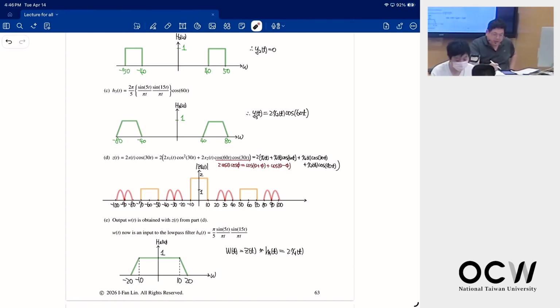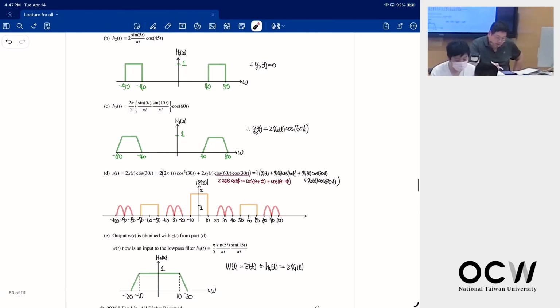And you can see that for our filter, it's better to have either a rectangular pulse or trapezoid, which means that in the time domain that is a sinc function. So that's why in the beginning of this class today we learned the sinc function and also its Fourier transform.